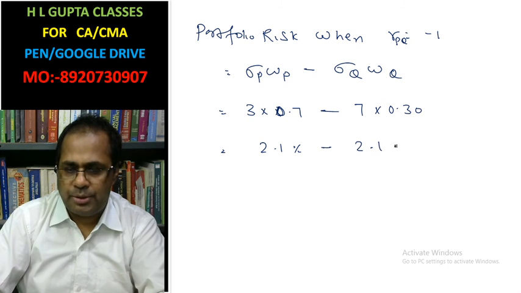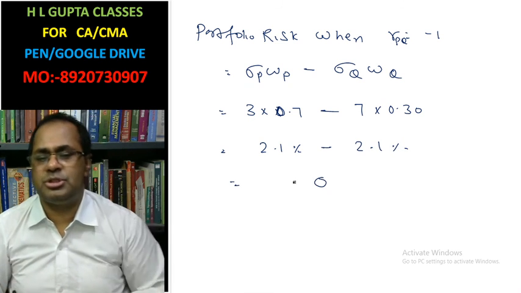So 2.1% minus 2.1% equals 0%, which is proved.